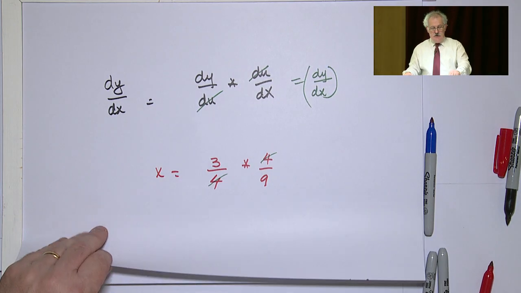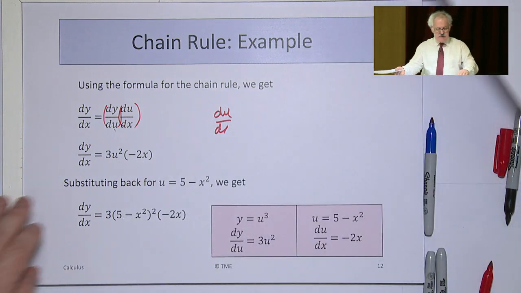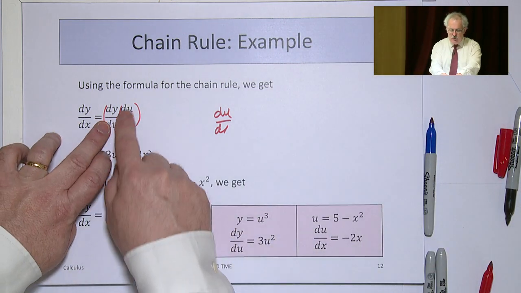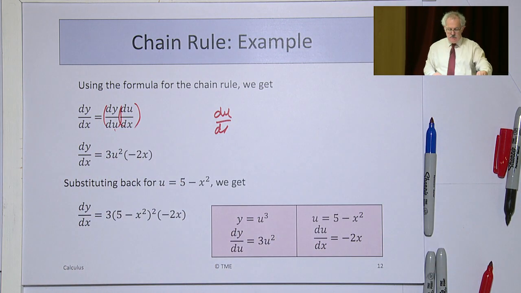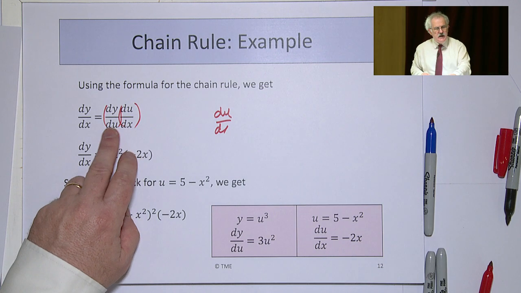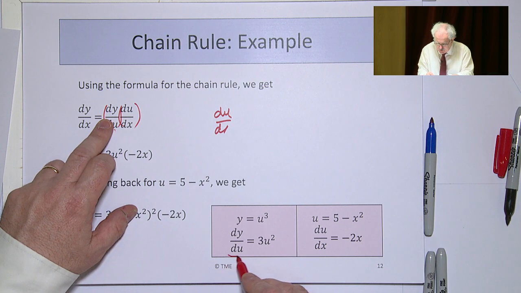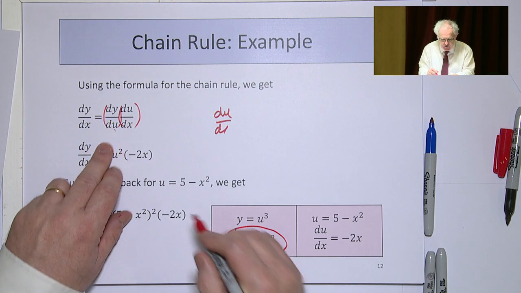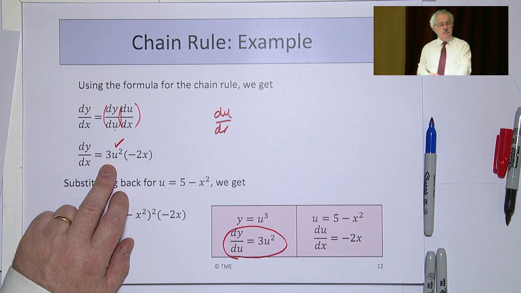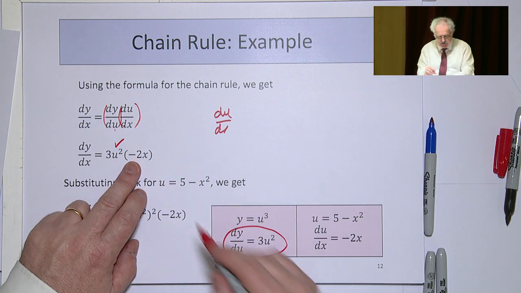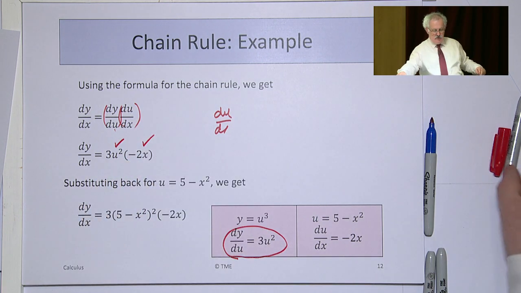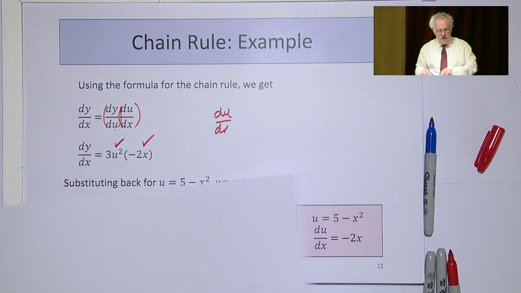So it's really neat. So what we do, using this trick, is say dy/dx is dy/du times du/dx. But how do we get that stuff? Oh yeah, well dy/du, we know, is here. So that's 3u squared. And du/dx is minus 2x. So now we're really happy.